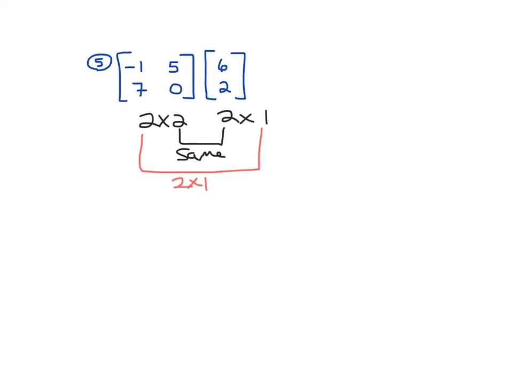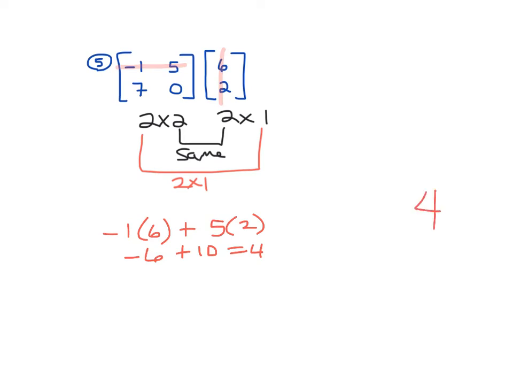So again, let's do this. I'll highlight it. So again, I need to multiply row 1 times the column. So -1 times 6 plus 5 times 2. -6 plus 10, and I get 4.